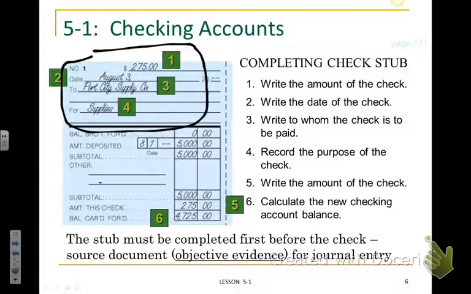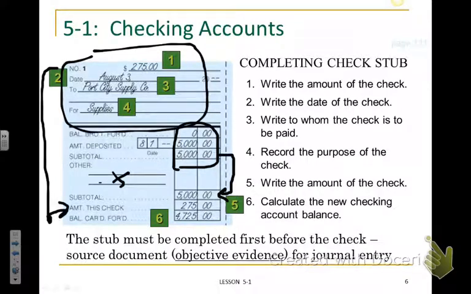If you recall previously, we had indicated that up here we're putting the amount that we deposited. We now bring this subtotal amount down to here. We don't have anything going on here, so we don't have to worry about that. But we have to bring the amount for this check, number 1, down here to the amount of this check.